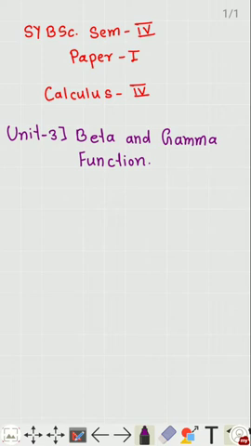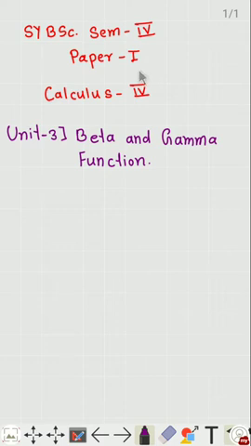So we are coming across two special types of improper integrals, beta and gamma functions or beta and gamma integrals, which play an important role to evaluate certain complicated integrals by handy techniques, by expressing them in terms of these integrals.